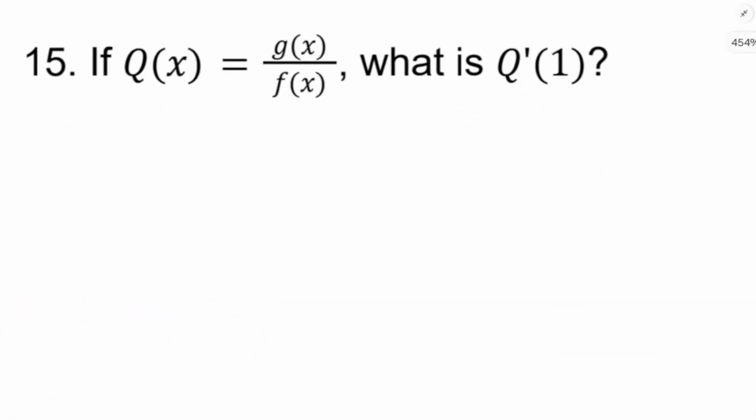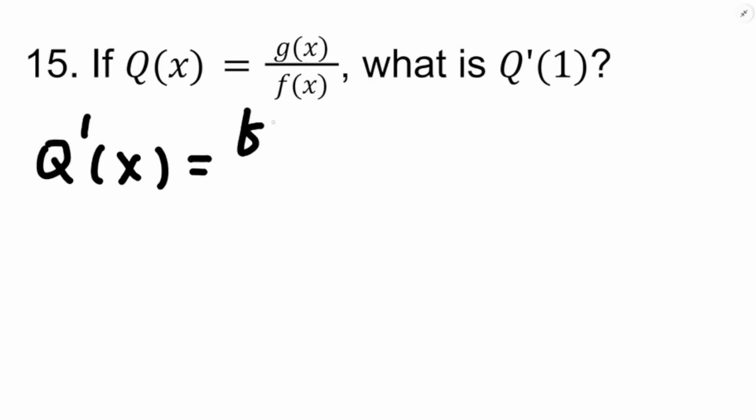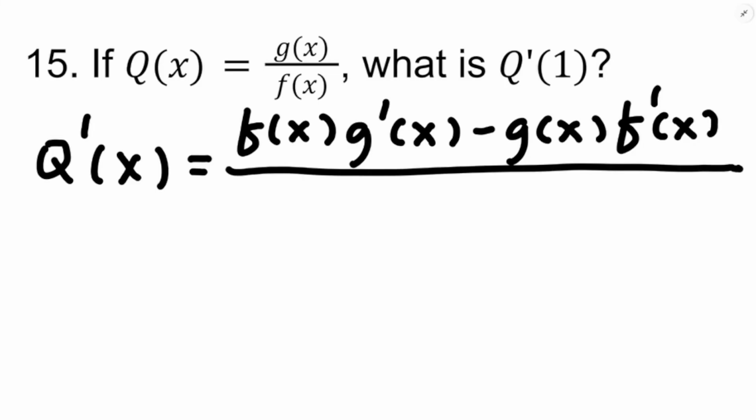q of x equals g of x divided by f of x. What is q prime of 1? All right. q prime is going to be bottom times the derivative of the top minus the top times the derivative of the bottom, divided by the bottom squared.